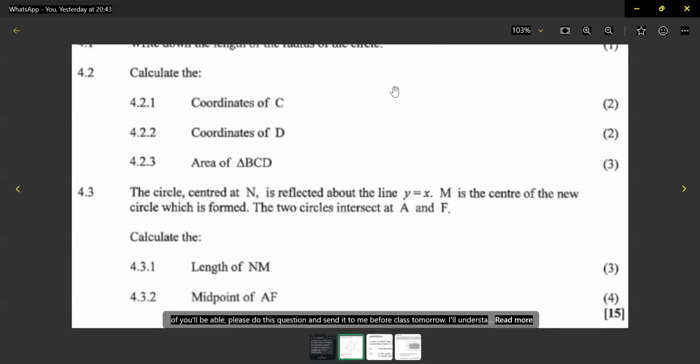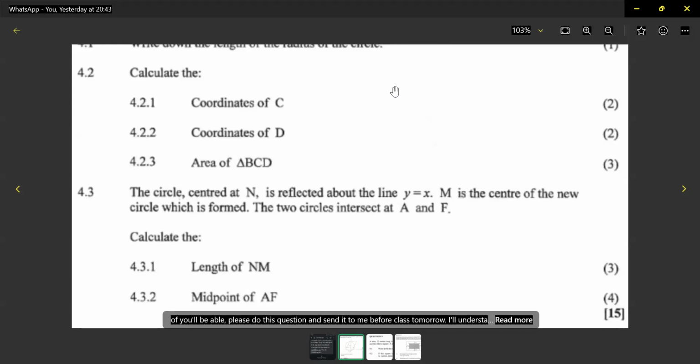Here they say the circle centered at a point N is reflected about the line y equals x. M is the center of the new circle which is now formed, and the two circles intersect at points A as well as F.